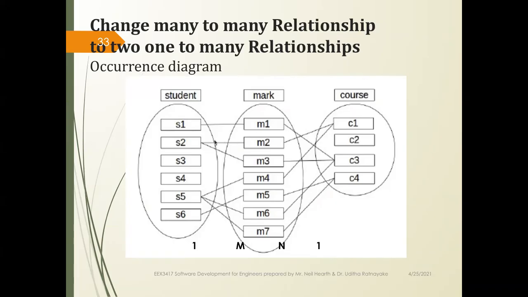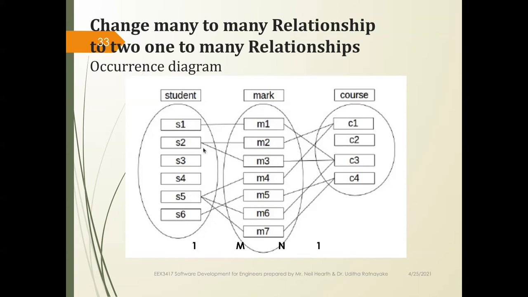Okay. Now for many to many, we can put marks here. Student S1 can get M1 mark for this course. S2 got the M2 mark for this course. S2 got this mark for this course.